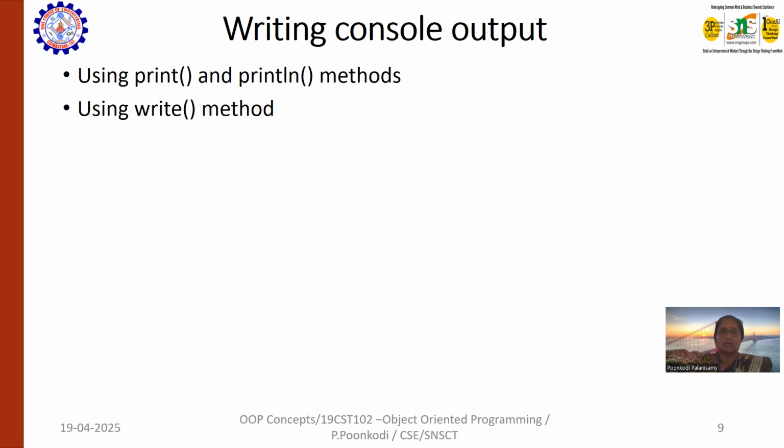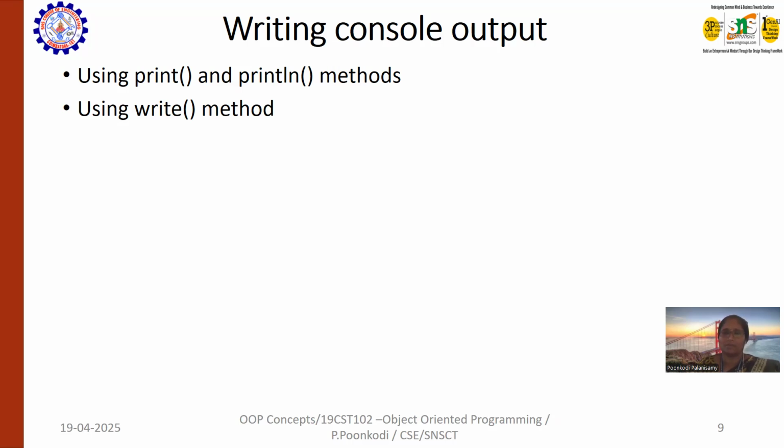These are the ways of reading from the console. What are the three classes used to perform reading operations on the console? Yes, of course, it is correct. First one is the BufferedReader, the second one is the Scanner class, and the third one is the Console class. Likewise, for performing the writing operation on the console, we will use methods. Previously we used classes; here we will use methods.